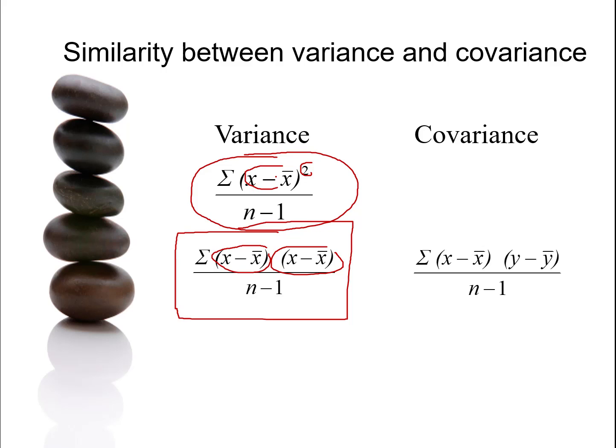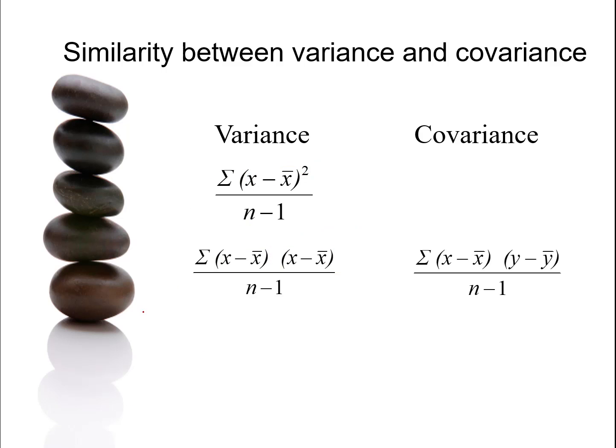Now, note that what we're doing here in the formula is we have a centered score. We have your centered score on rock size, your centered score on x, and we're multiplying that centered score on x by itself. So we have your centered x score times itself, sum that up for everyone in the sample, divide by degrees of freedom, and you have your variance.